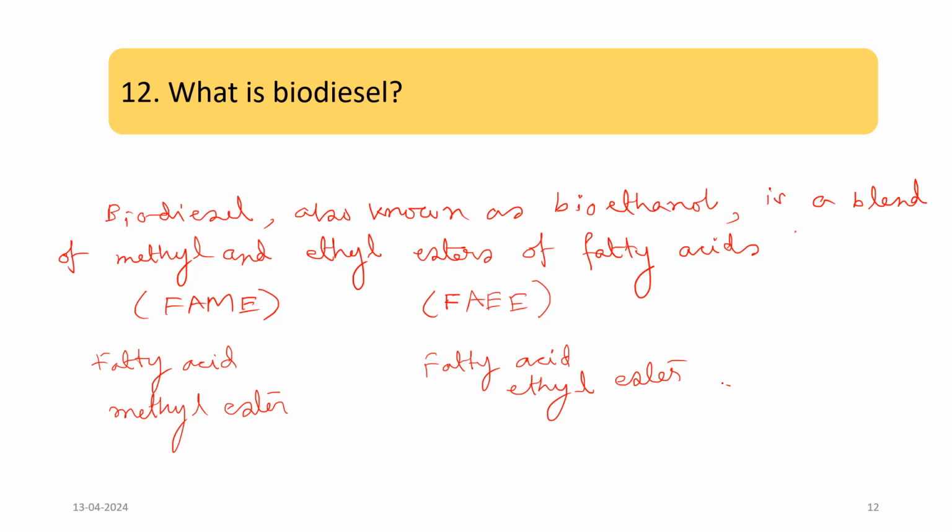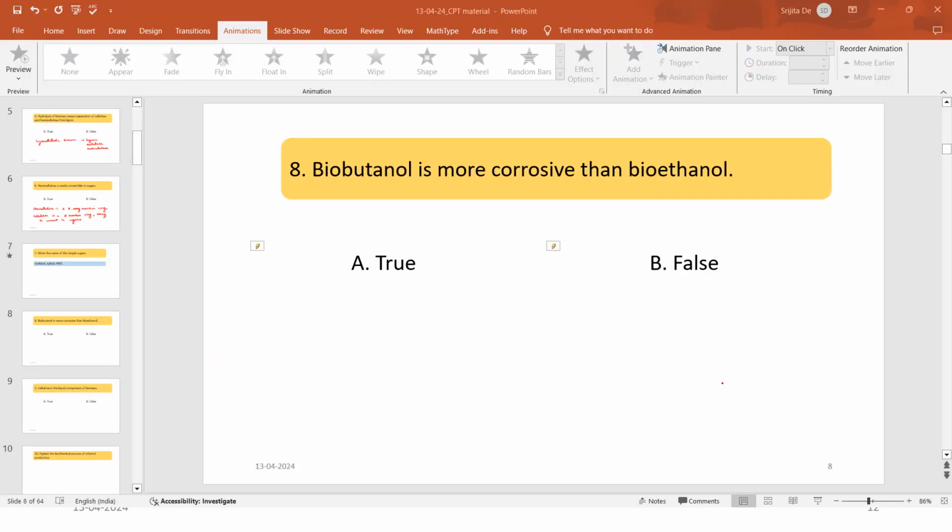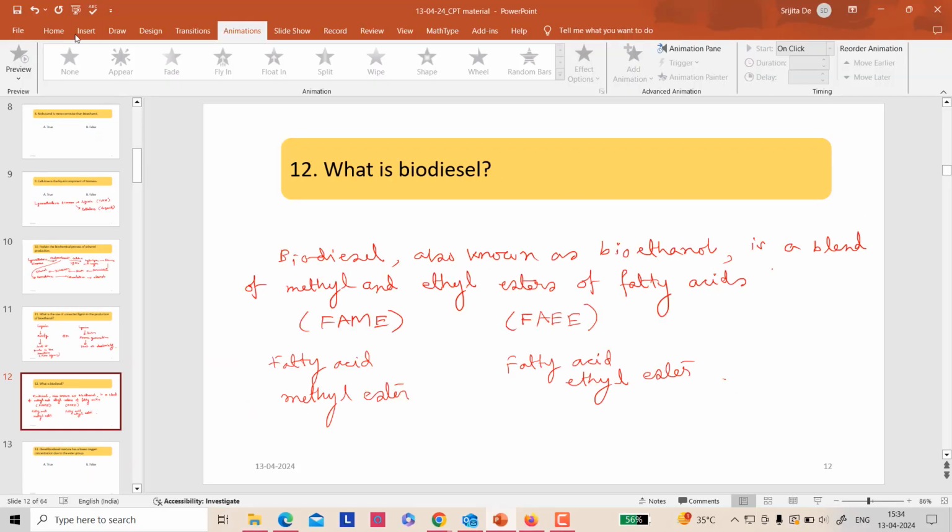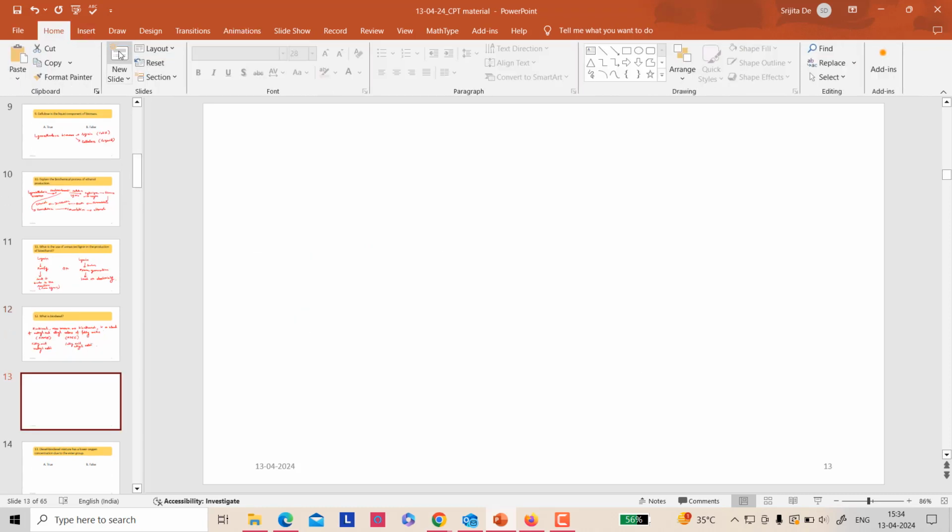And also you can say how biodiesels are produced.